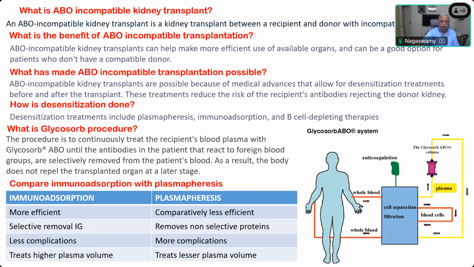So you have to replace them after doing plasmapheresis. And immunoadsorption is less complicated, just like doing a dialysis, you can see in this picture. Whereas plasmapheresis is more complicated, and you can treat higher plasma volumes with immunoadsorption, whereas you can remove antibodies from only a lesser plasma volume.